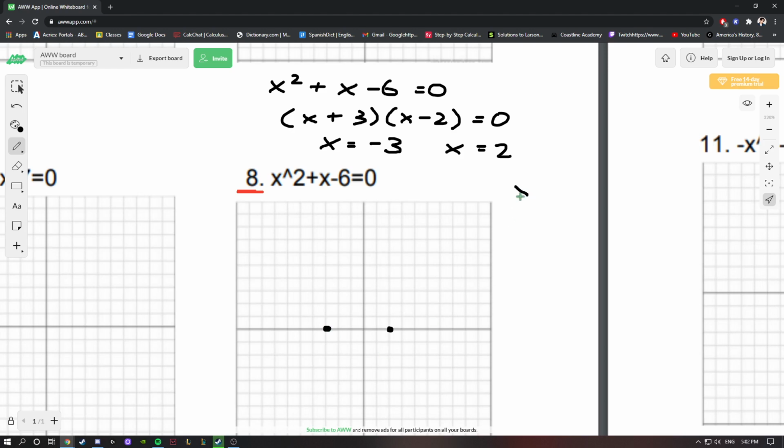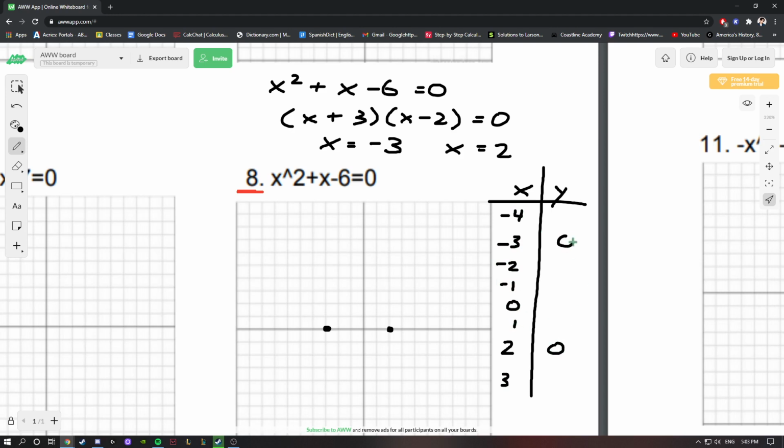And then we want to do our XY chart again. And when this is all figured out, we have 0 here and 0 here.